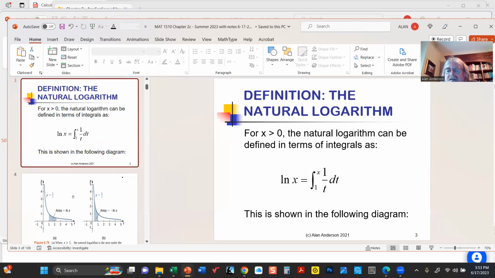Whatever x is, you might recall that log of x looks like this. So here's the one. Let's say this is x. The integral. Oh, actually, I'm sorry. I'm drawing this incorrectly. Let's go to the next slide. I just realized this curve does not represent 1 over t.